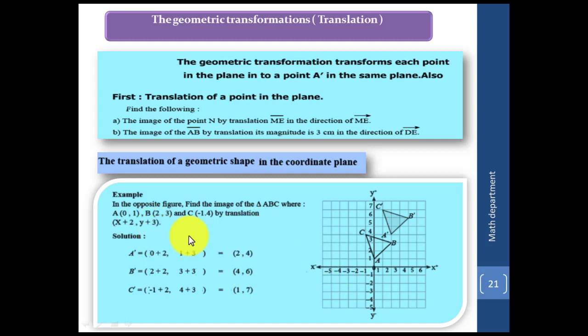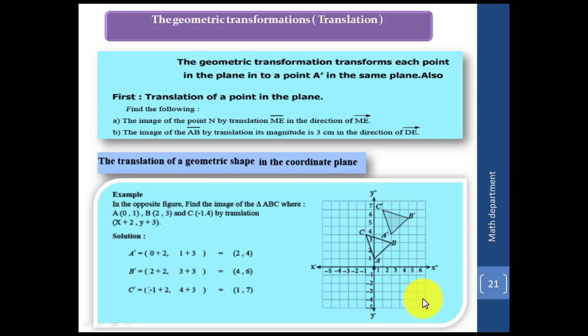Now represent A 0 and 1, B 2 and 3, 2 in x-axis and 3, C equals negative 1 and 4, negative 1 in x-axis and we go up to 4. The image A dash is 2 and 4: 2 in x-axis, 4 in y-axis. Move from 0 to 2, then go up 4 steps. This represents A dash.